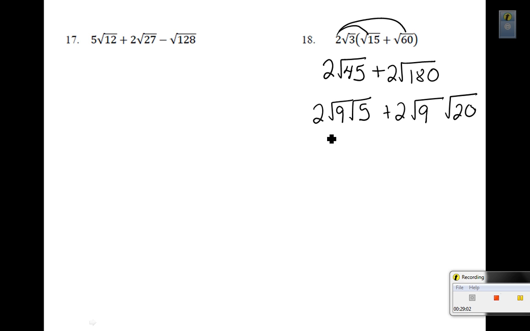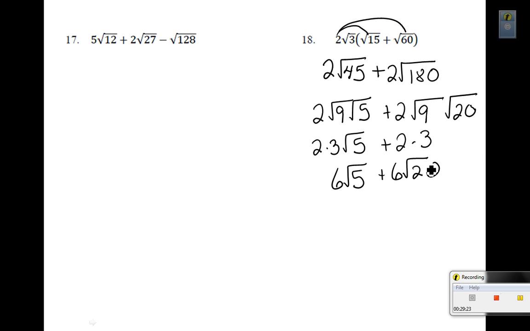This becomes, the square root of 9 is 3. So I've got 2 times 3 times the square root of 5. So this piece is 6 radical 5. Plus, this becomes 2 times 3, so I've got 6 square root of 20. But we're not done yet. 20 reduces some more, so I leave this piece alone. I need to think of this as a 4 times a 5.